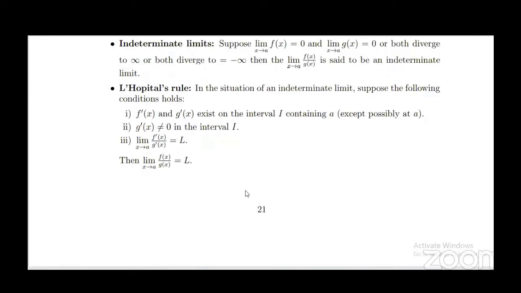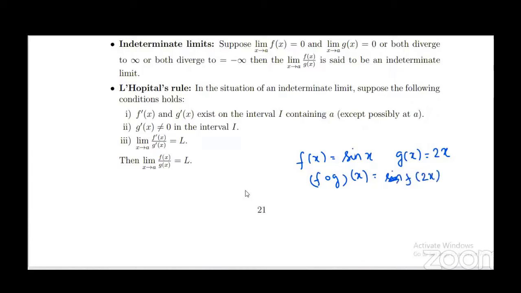If I have f of x equal to sine x and g of x equal to 2x, what will f composite g be? f composite g of x is f of 2x, that is nothing but sine 2x. So this is nothing but f of g of x.